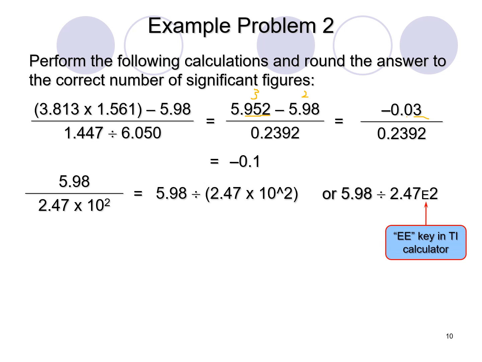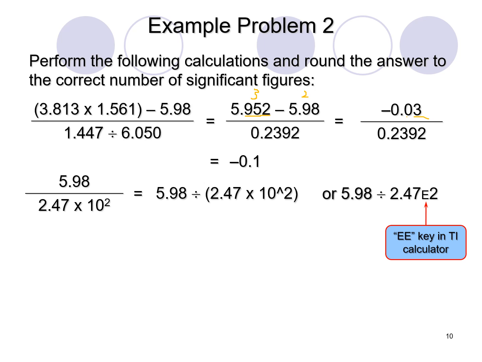Or if you have a TI calculator, you probably find there's a double E key. That double E key tells us the calculator is ready for scientific notation. Therefore, we type 5.98 divided by 2.47, then hit that double E key.